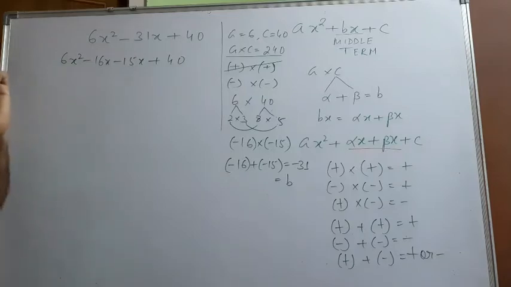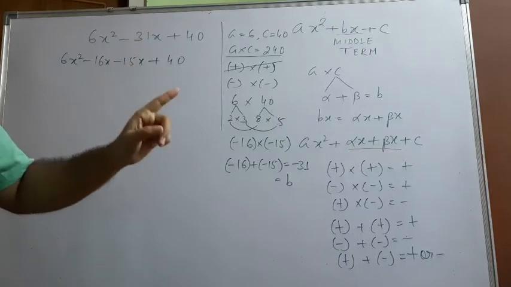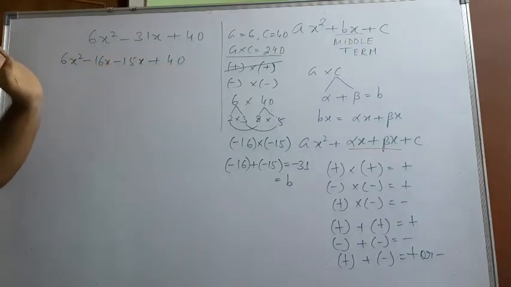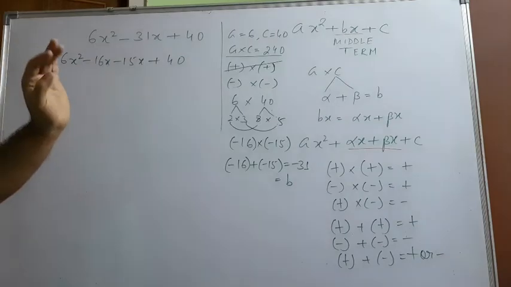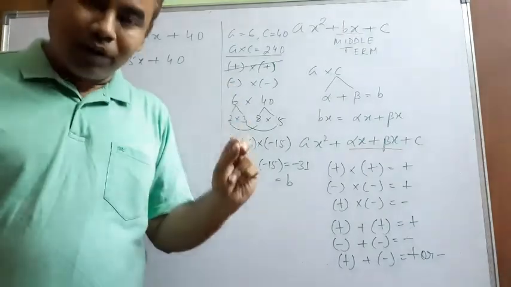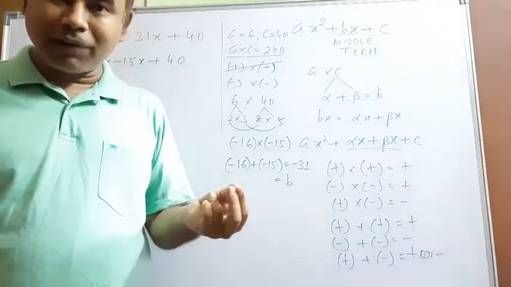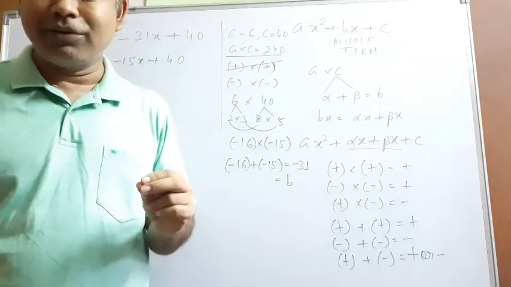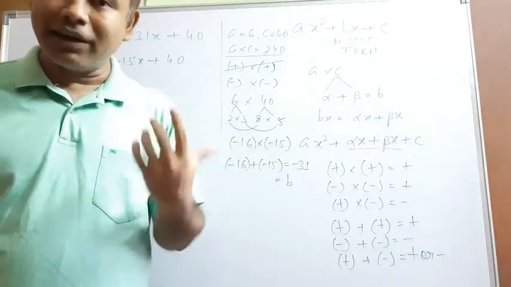In this step, you should notice that the number of positive and negative terms must be equal. We should have two positive and two negative terms. If you have three positive and one negative term, or one positive and three negative terms, an unequal number of positive and negative terms, then something is wrong, so you check it again.